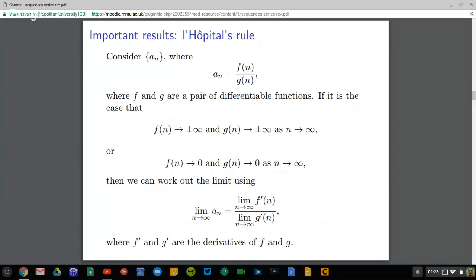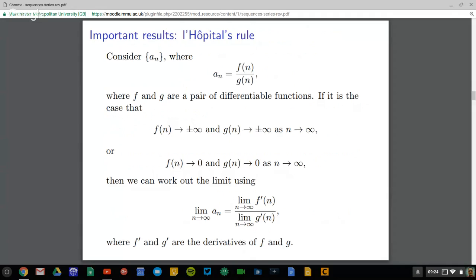So the algebra of limits theorem is no help. But L'Hopital's rule says that if this is a valid procedure, if when you differentiate the top and the bottom of the definition of a_n separately, those two new sequences defined by the derivatives of f and g are convergent and it makes sense to apply the quotient rule, then you can say that the limit of the original sequence is equal to the quotient, not of the limits of f and g, but of the limits of their derivatives.